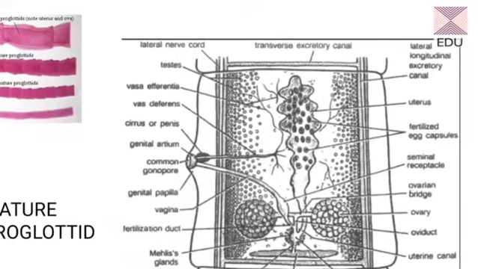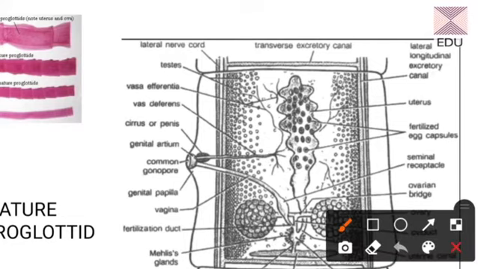The testes produce the sperms, the spermatozoa. The second part is the vasa efferentia. These are tube-like structures, labeled here. They collect the sperms from the testes.